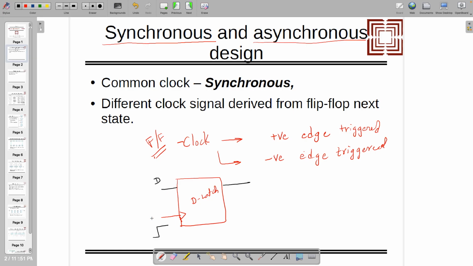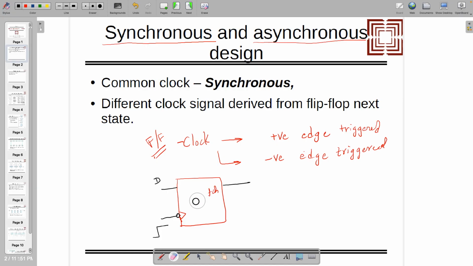Whatever D is, that will be transferred to the output, right? So that is a latch. If it is drawn like this, it means that it's negative level sensitive.